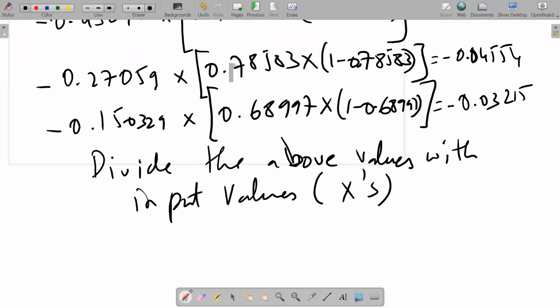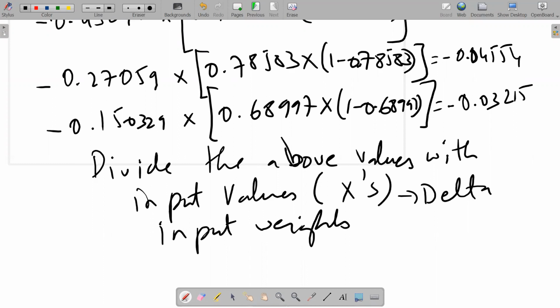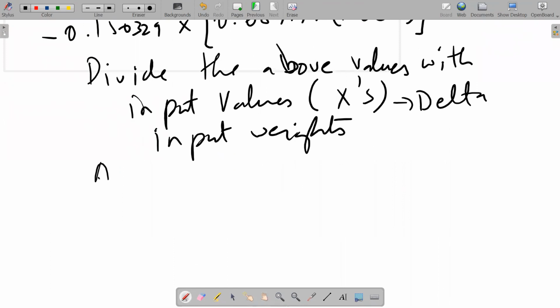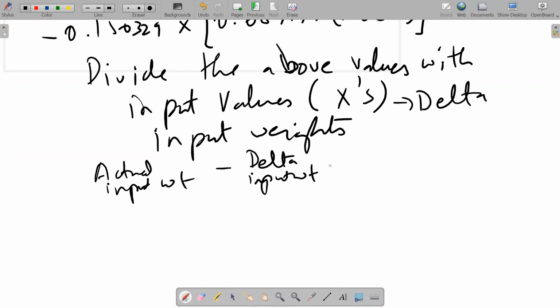This will give us the delta input weights. So what are the input values? Both are one, right? That means the same values will repeat two times. So the actual input weight minus delta input weight will give you the new input weight.